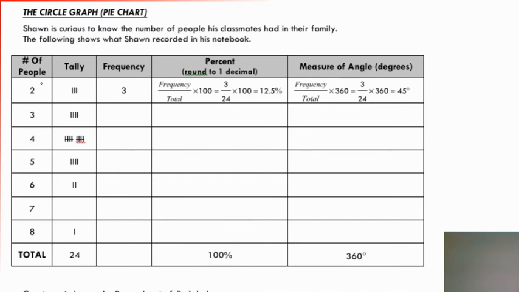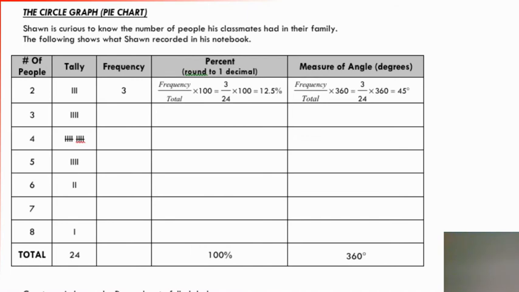So the number of people that had two people in the family, there were 3 that had that. 3 students had a family of 2. So, right, there's one parent, one child, for example. Here, maybe we have one parent, 2 children, or 2 parents, 1 child, and so forth. Now, it doesn't get into those different combinations, it's just in total.